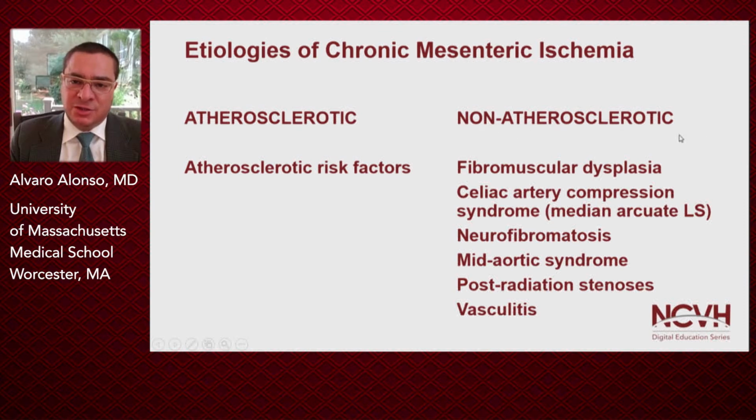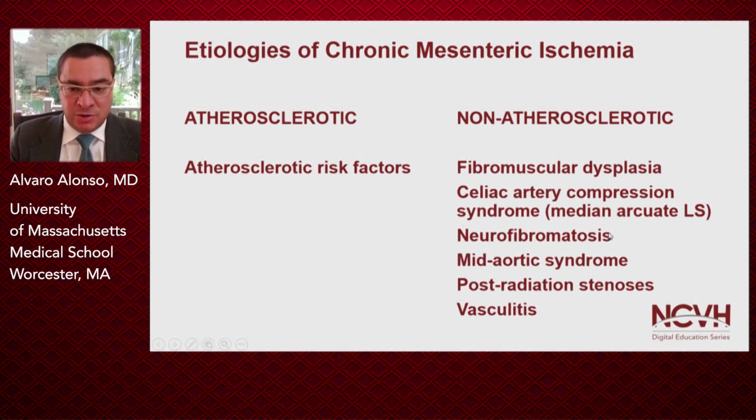What are the non-atherosclerotic etiologies? Well, you can have patients with fibromuscular dysplasia that affects the splanchnic vessels. There is celiac artery compression syndrome, which is a disorder in which the pillars of the diaphragm compress the celiac artery and it gets affected with inspiration and expiration.